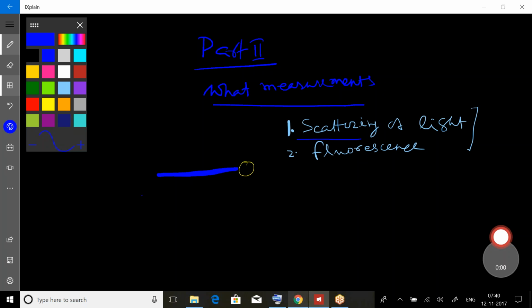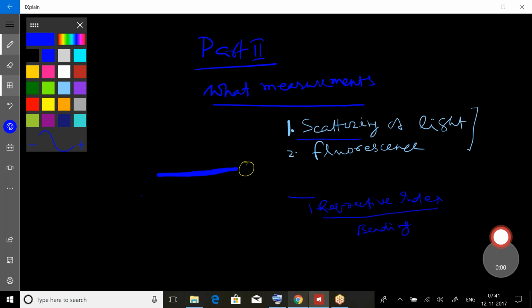What we know from our earlier studies is that when light travels from a medium of one refractive index to another refractive index, denser to rarer or rarer to denser media, then whenever there is a difference in the refractive index in the path, light bends. So there is bending of light. That is one thing we see.